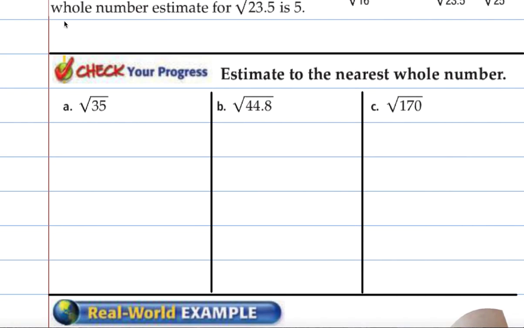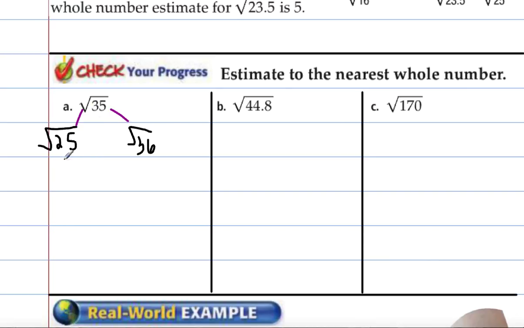So try some of these. I know that the smallest square on a number line next to 35 is 25. This is kind of how I show my work. And the one above it is 36. So I look and I see, this is 10 away, whereas this is 1 away.